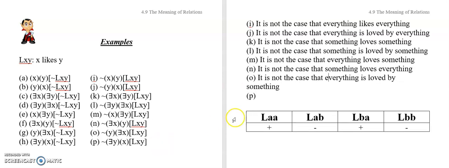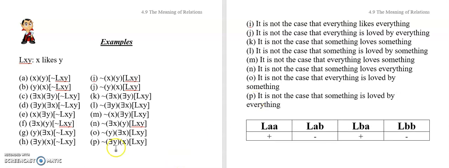Okay. And then for P here, what do we have? We've got something is loved by everything. So it's going to be it is not the case that something is loved by everything. Okay. And then we've got to evaluate the truth values. We'll spill on to the next video so we don't run out of time.